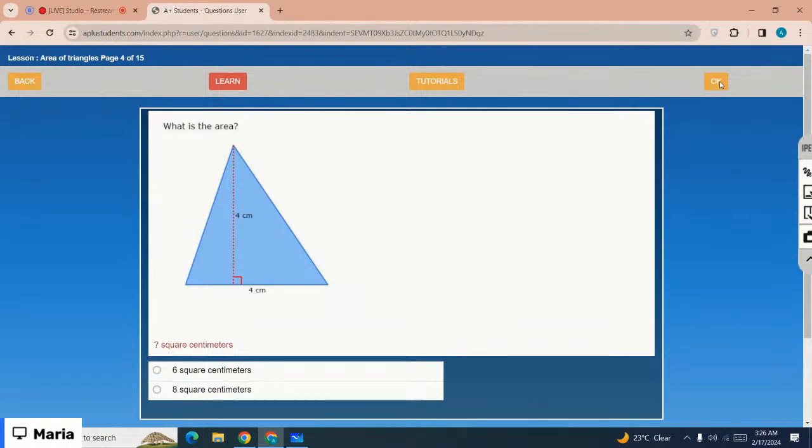The next one is, what is the area? So which is the correct option? Yes, the correct option is 8 square centimeters.